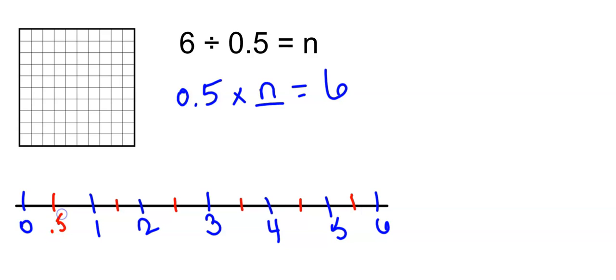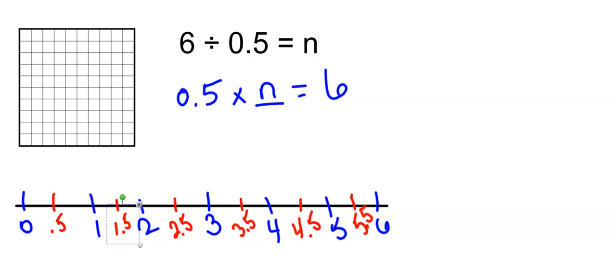So I know that is 5/10, 1, 1 and 5/10, 2 and 5/10, then 3, 3 and 5/10, or 3 and a half, then 4 and 5/10, and then 5, and then 5 and 5/10. So now I want to look and see how many 5/10 will it take me to get to 6.